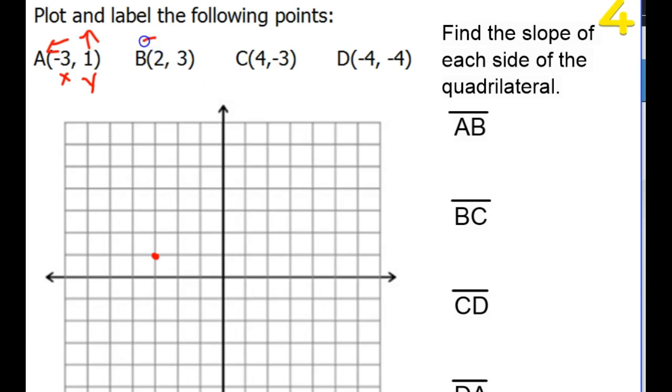Here we're going to go to the right, positive 2, and up 3. So first of all, let's label this A. So we're going to go to the right 2 and up 1, 2, 3. Then this is B.